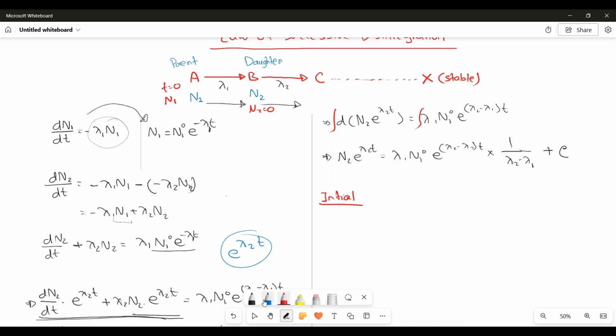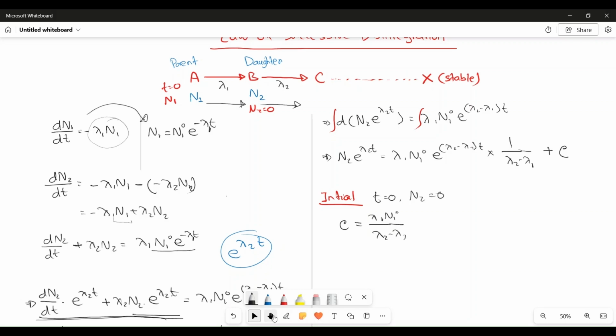So we can write at the initial stage, we have t equals 0 and N2 equals 0. So if you put this in this equation, we will get C equals lambda 1 N naught over lambda 2 minus lambda 1, right?